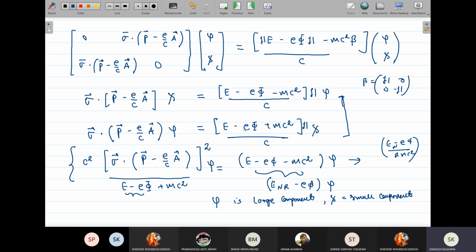Any other question? So we have completed the free particle solutions. The free particle solutions are complete now, and we have seen the non-relativistic limit of the Dirac equation when coupled to the electromagnetic field.